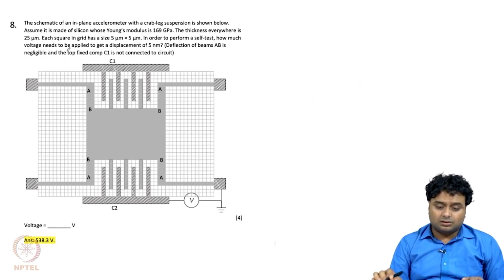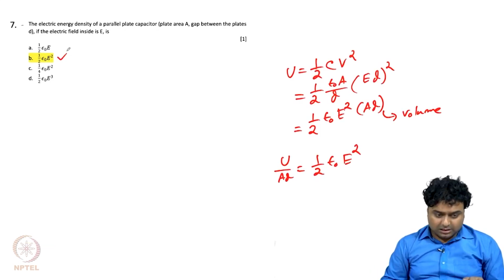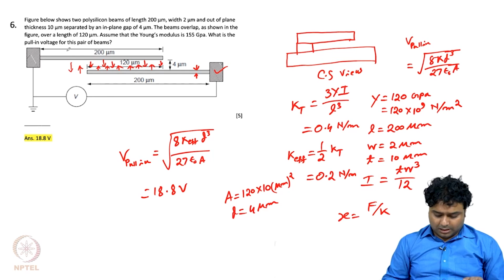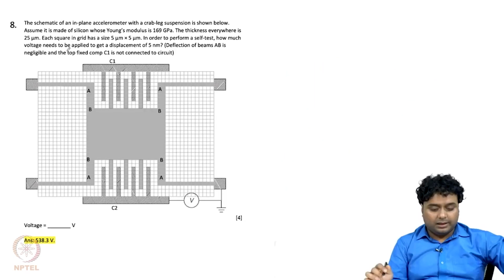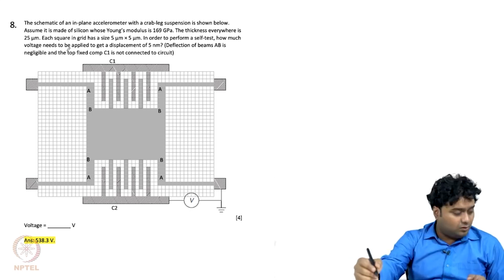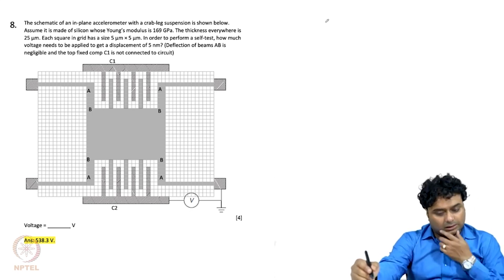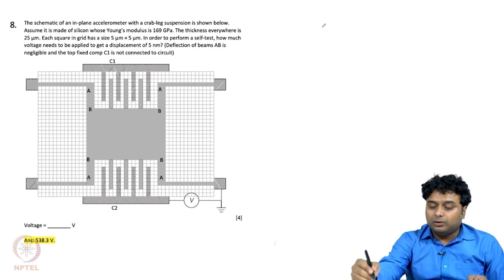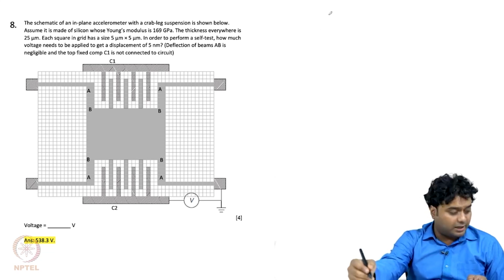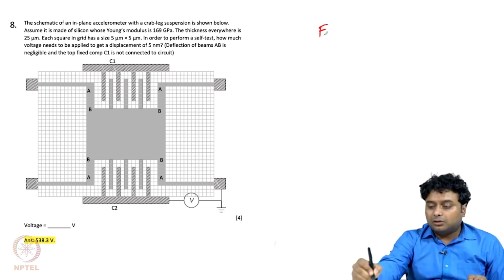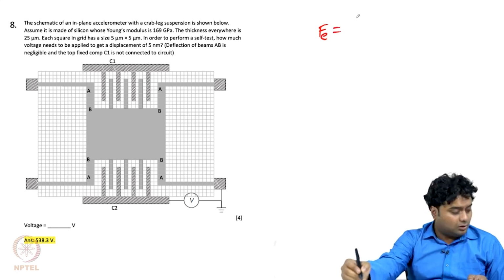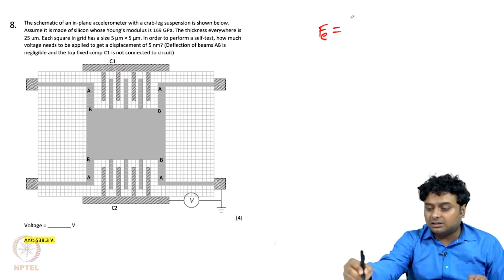Now this question is also similar to question number 6, I guess. There we have to just equate the electric force and the mechanical force. In lecture 2, in week 2, we have already discussed the comb actuator, and there we derived and discussed this formula.